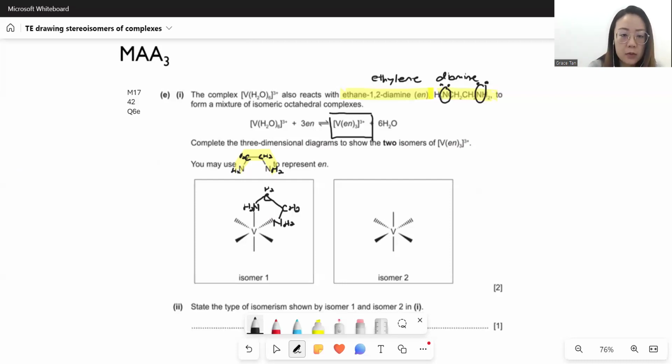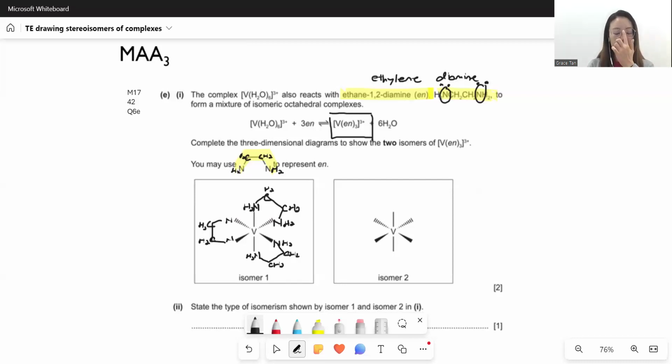Now, you can also clamp it here. I draw the 4 corners, 1, 2, 3, 4, like the trapezium shape like this. Make sure your bond is bonded to the nitrogen. Lastly, here, 1, 2, 3, 4. Then this is CH2. This is CH2.